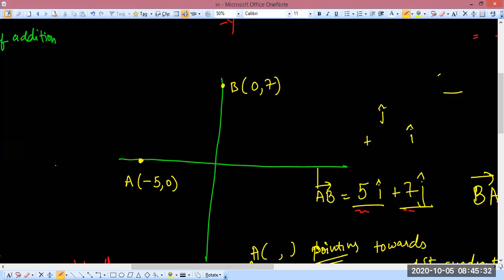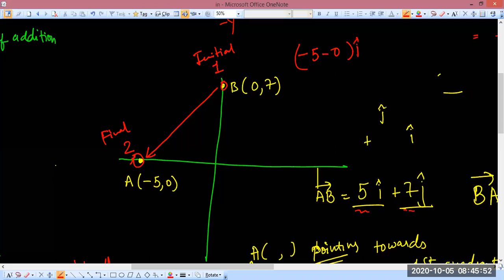B to A. Is that clear? So this is 1 and this is 2. I hope you realize that. Final, initial. So this is final, this is initial. Final minus initial. So this should give you -5 minus 0 i-cap. This is for method 2 people. And plus 0 minus 7 j-cap.